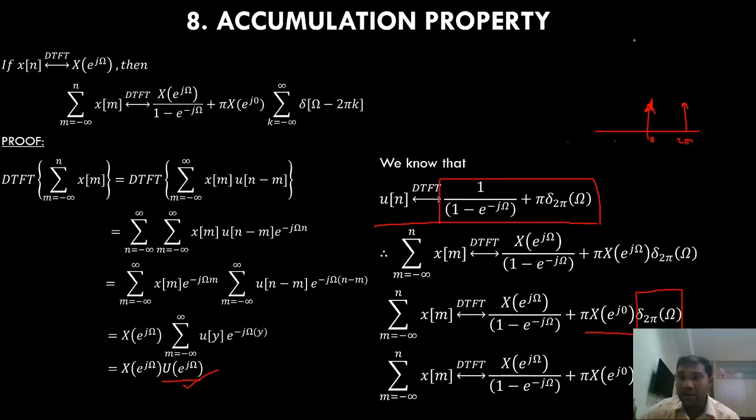This is nothing but summation of impulses delta, which is a function of omega, and it is there for every 2 pi radians per second. So 2 pi into some integer k, where the integer value ranges from minus infinity to plus infinity, right? That is the accumulation property.